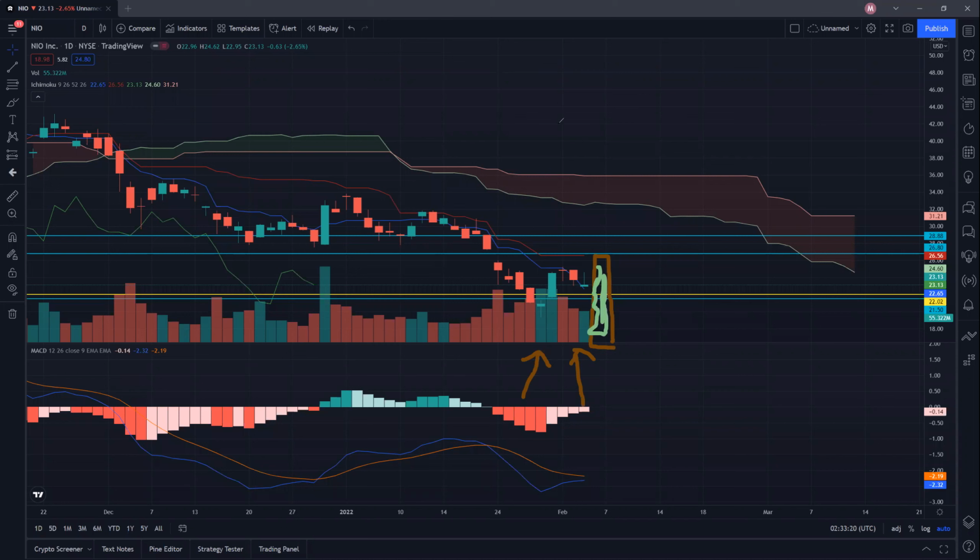Okay. Speaking of which, the short-term support levels that I'm watching will be 21.50, 21.60, which is denoted by this blue line over here. 21.50 and 21.60 has to hold. If these do not hold, then we will highly likely test this $19 low once again.